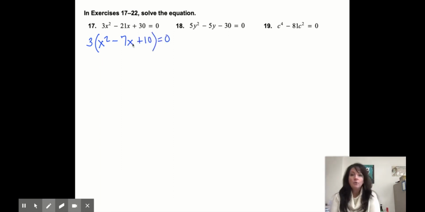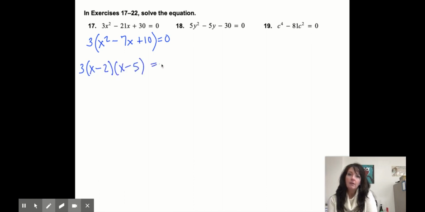So I want to look for factors of 10 that will sum to a negative 7, 2 times 5. So if that's positive and that's negative, they would both have to be negative. So I'll have 3 times x minus 2, x minus 5, all equal to 0.